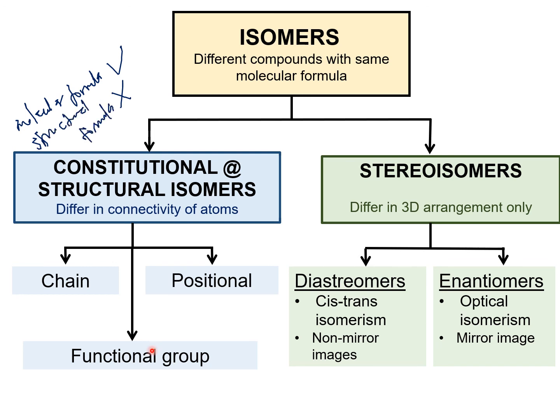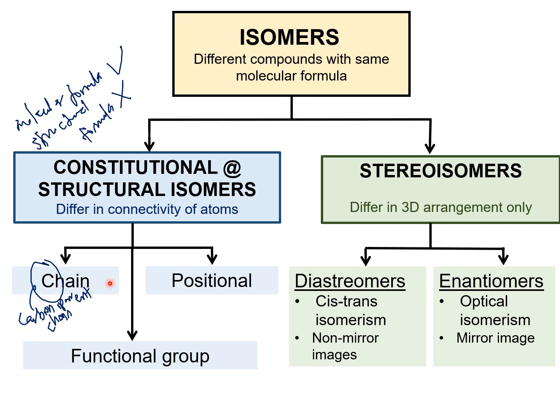Okay, lepas tu constitutional atau structural isomers ni dia terbagi pada tiga pula, sama ada chain, positional ataupun functional group isomers. Okay, kalau chain isomers, dia punya structure tu akan berbeza dari segi carbon chain. Okay, carbon parent chain dia. You ingatlah C untuk carbon.